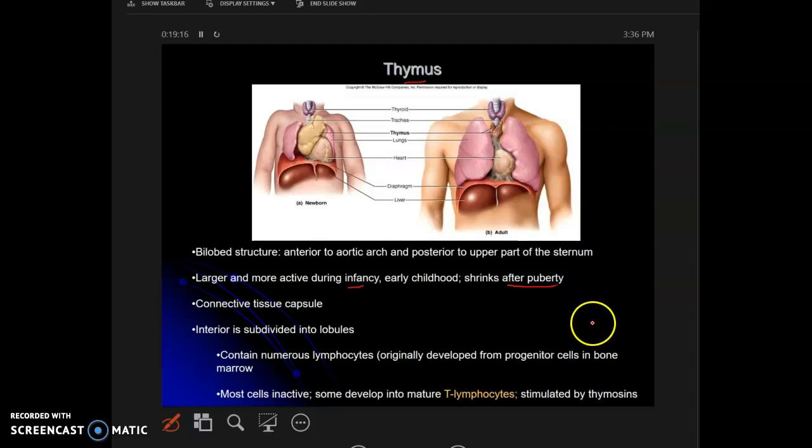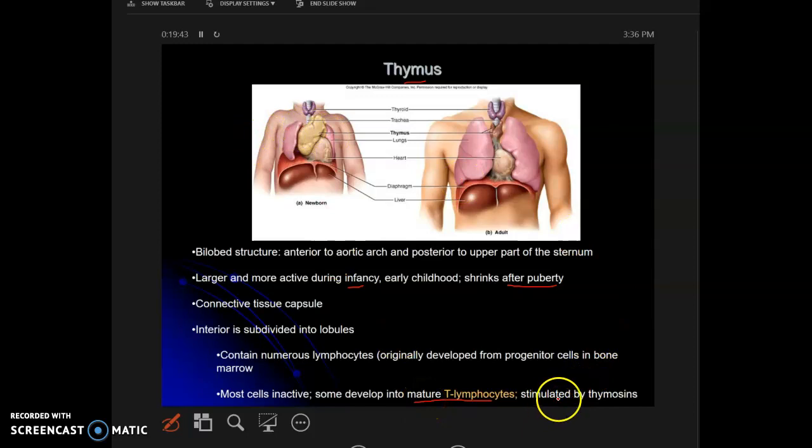So here, what is so important? This is where the T lymphocytes mature. Remember the lymphocytes were two types, T cells and the B cells. So the T lymphocytes, remember what is the origin? The origin is the what? Red bone marrow. But to mature, the T lymphocytes will migrate to the thymus.